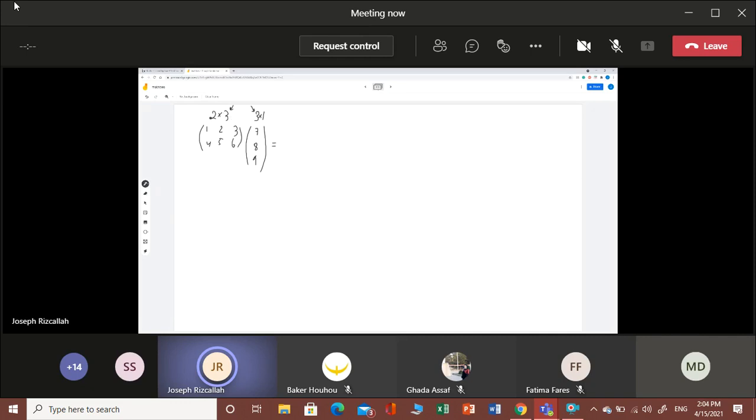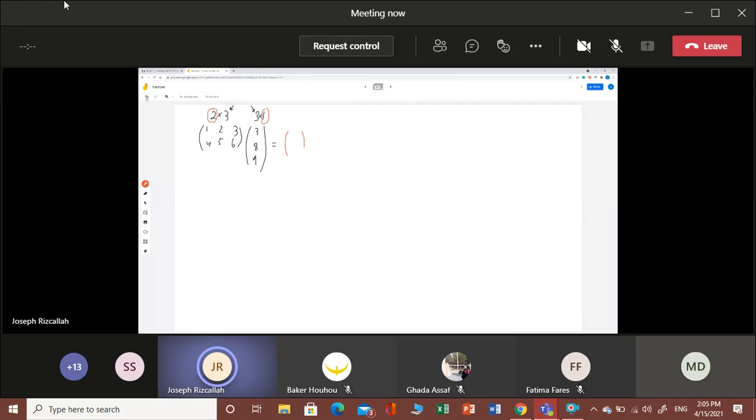If these numbers were different, say we had 2 by 3 and then 4 by 1, then the operation would be undefined. Now, what is the result? The result is going to be a matrix which is 2 by 1. What does 2 by 1 mean? It means it has 2 rows and 1 column. So I need to prepare a matrix with 2 rows and only 1 column.